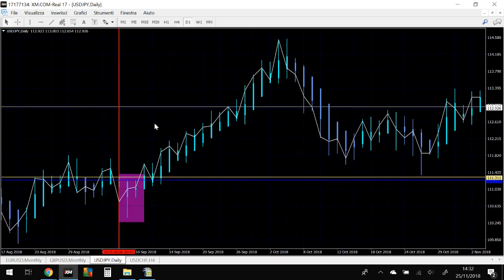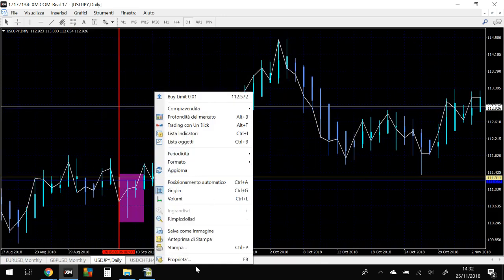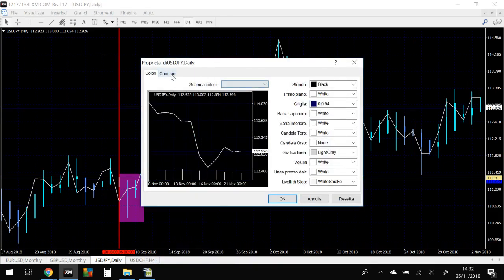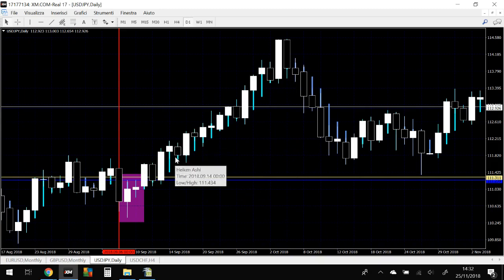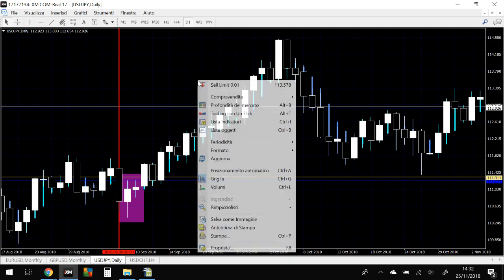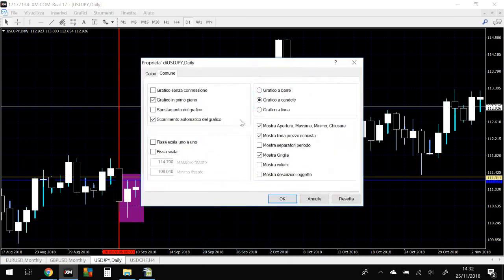If I look at the Japanese candlestick chart, you see this day, this day, this day, this day, this day were against the major price movement. So I could have had the idea to start trading short, to start selling, and it would have been a mistake because the major trend is telling me the price is going up.